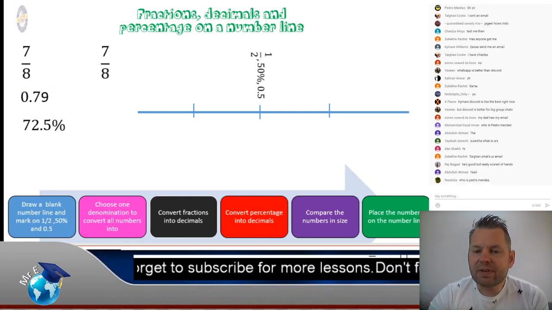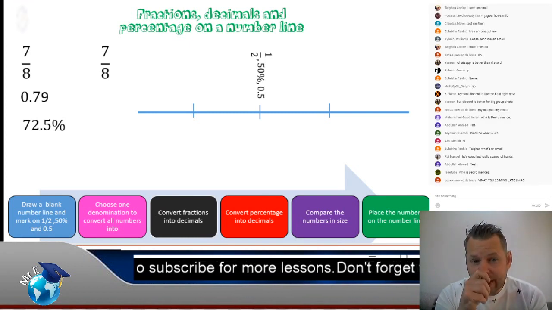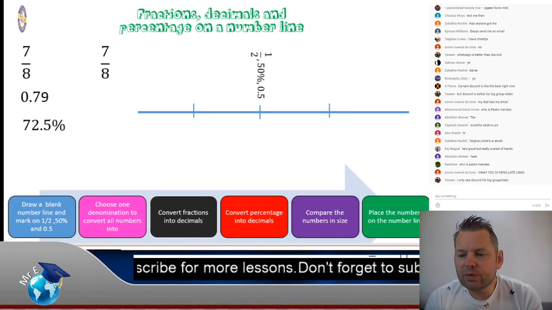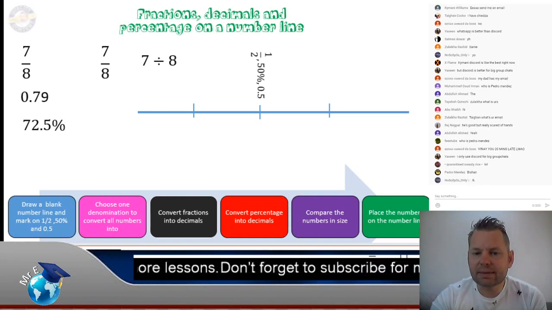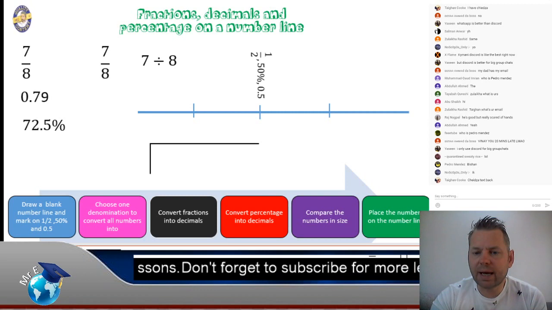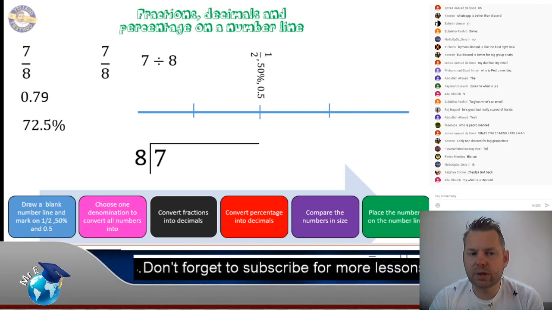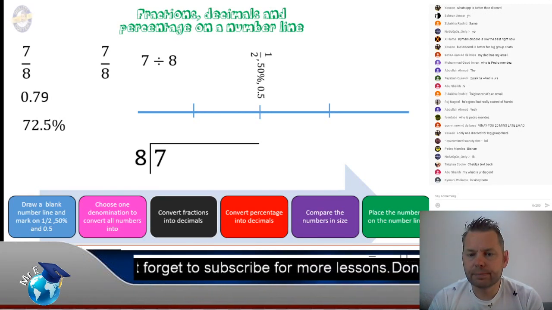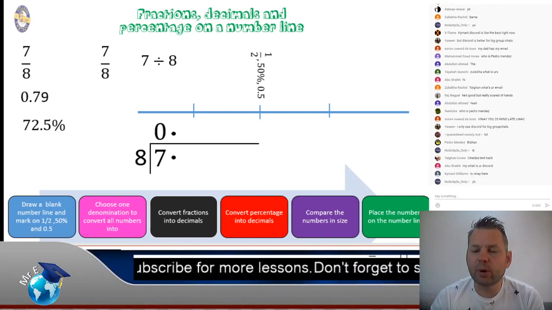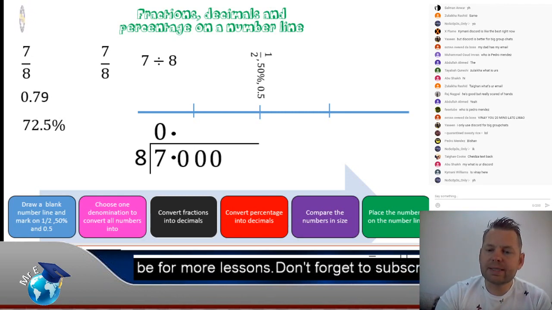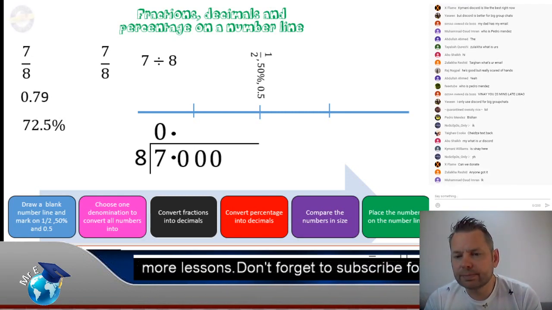I'm then going to look at 7/8. Well, 7/8 again is exactly what we've done before. We're going to do 7 divided by 8, and we're going to put that in our bus stop. Now this time, we're going to put our 0 in on our decimal points, and we're going to write in some zeros.